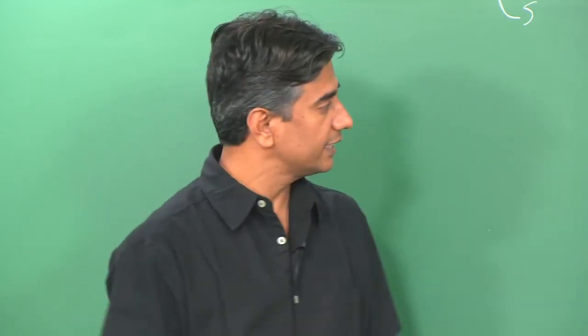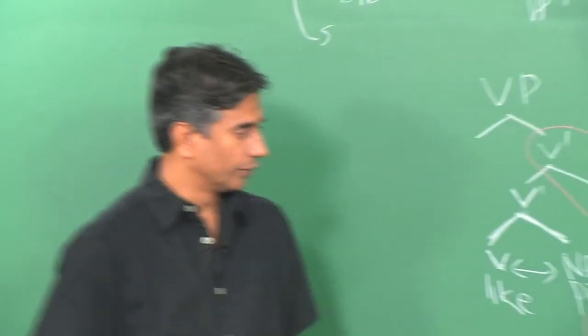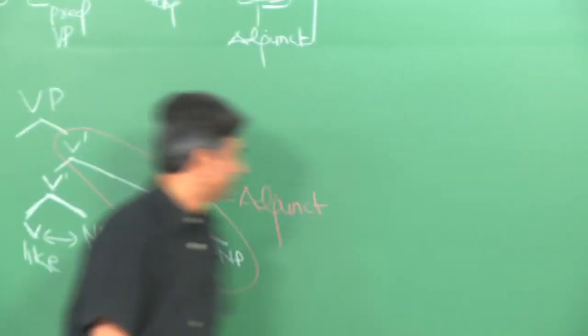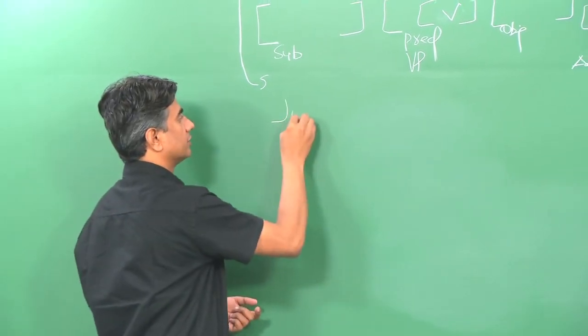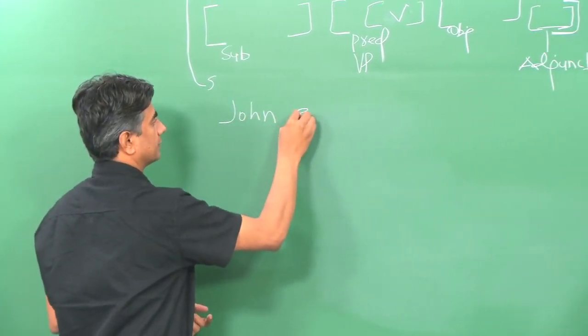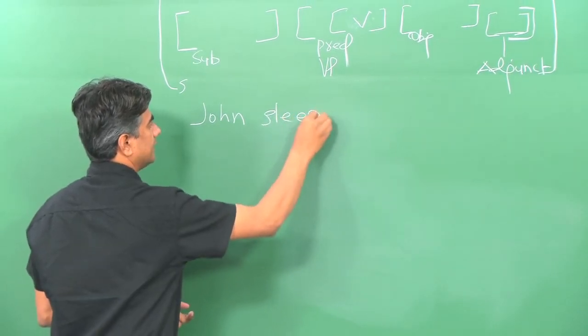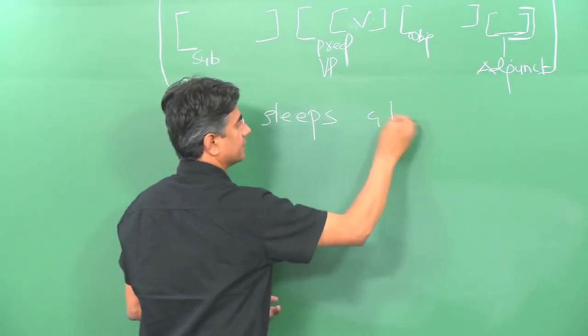So let us see an example of a verb phrase. We want to take an example of a sentence like John sleeps at 9.